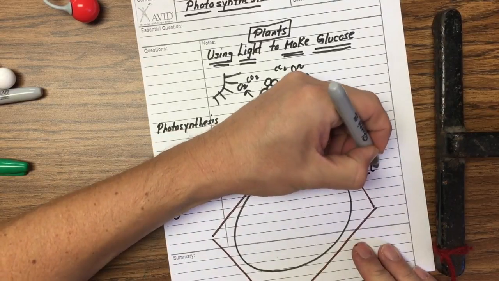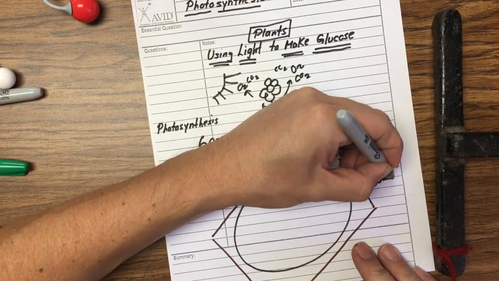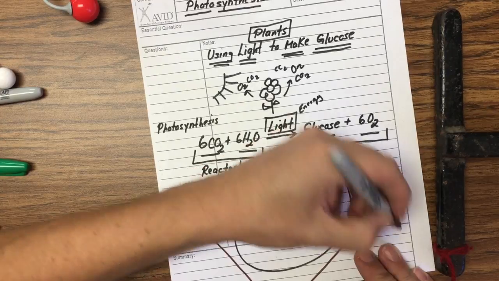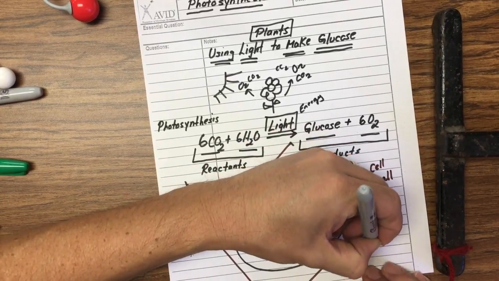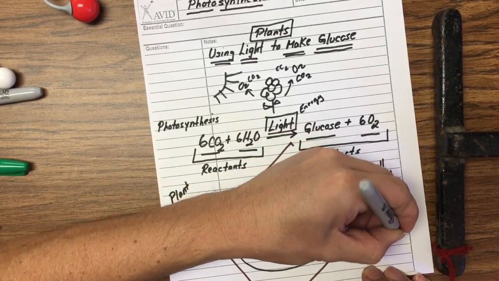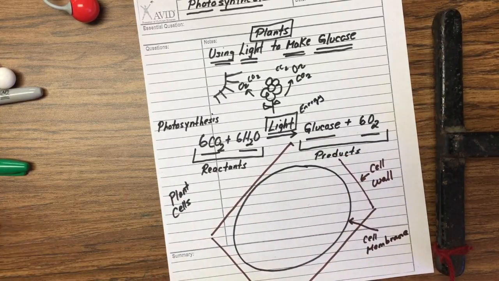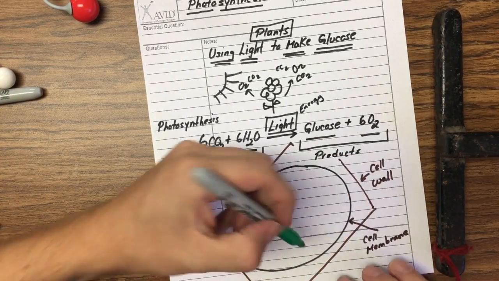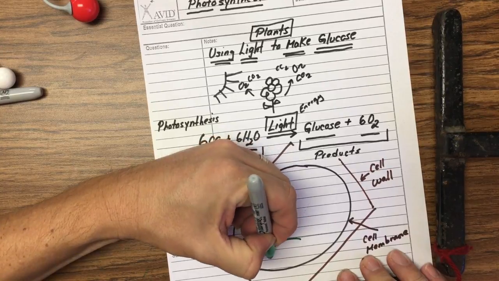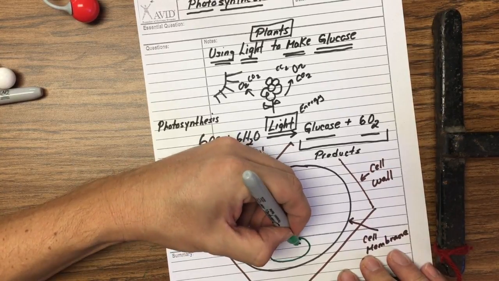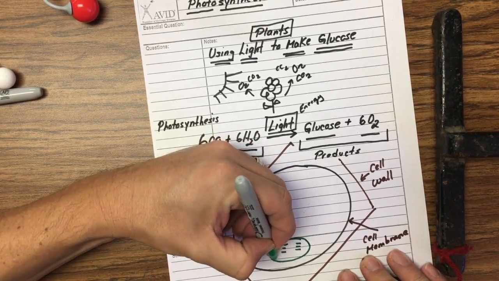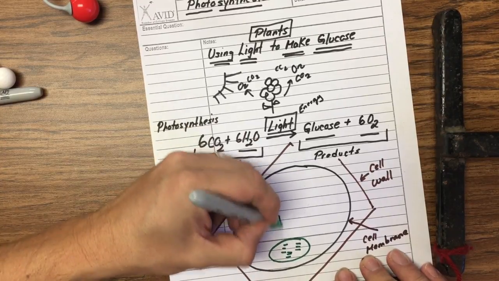So this is the cell wall, and then this black line represents the cell membrane. And there's this organelle that you guys were able to see under the microscope. It's called a chloroplast.